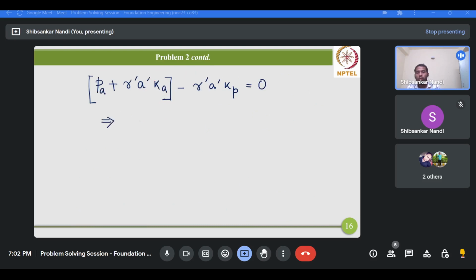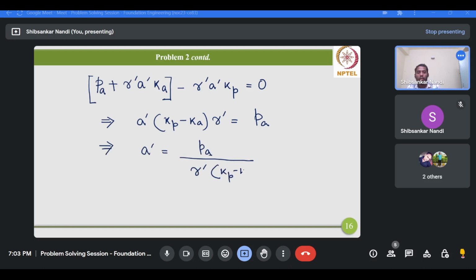Now if this should be 0, then A prime into Kp minus Ka into gamma prime should be equated to Pa. So A prime would be Pa divided by gamma prime into Kp minus Ka. You may be familiar with this type of expression.